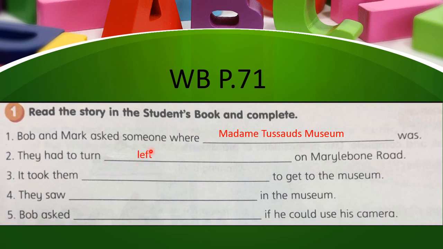Number 3. It took them a few minutes to get to the museum. Number 4. They saw in the museum. They saw wax models. And number 5. Bob asked if he could use his camera. Asked a wax model.